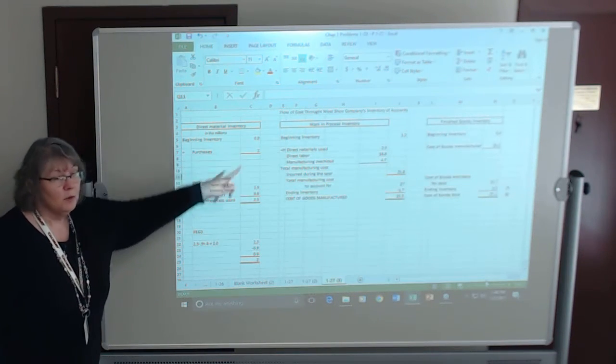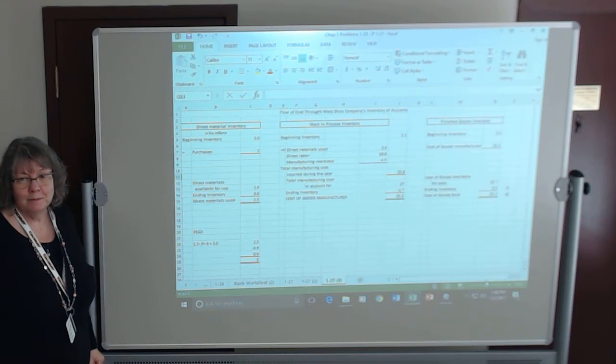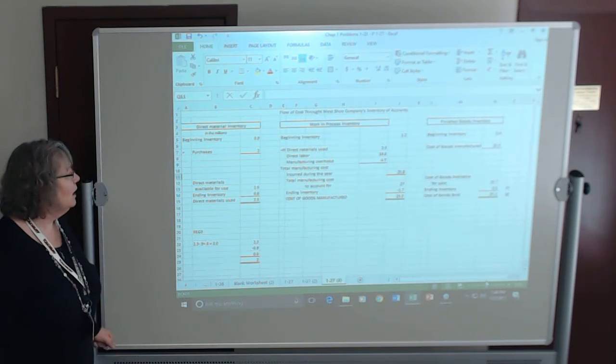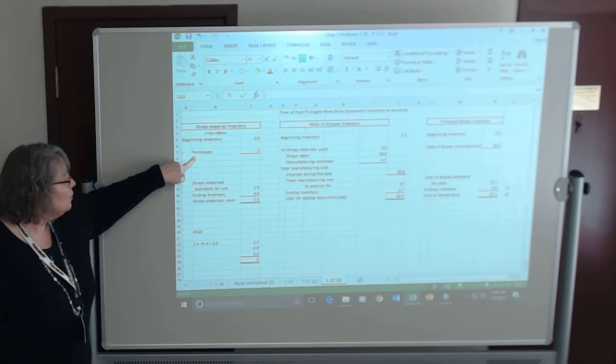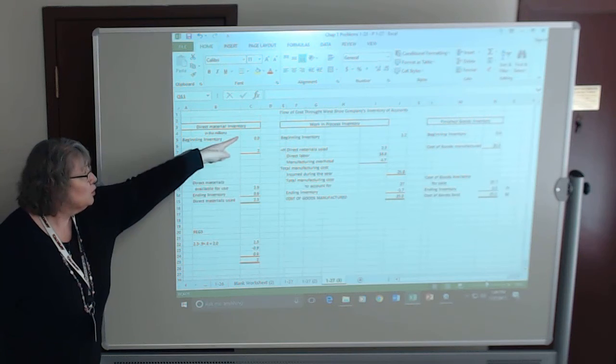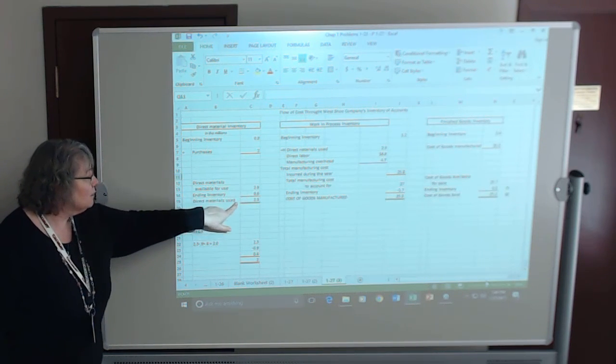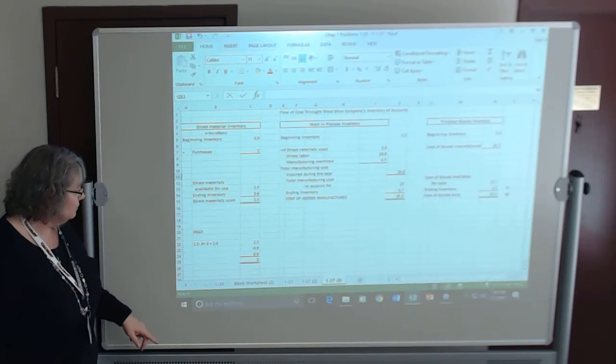So you had 0.9 million. What is 0.9 million? How much is that? 900,000, okay? Plus 2 million in purchases. His direct materials available for use was 2.9. His ending inventory was 0.6, so his direct materials used was 2.3.